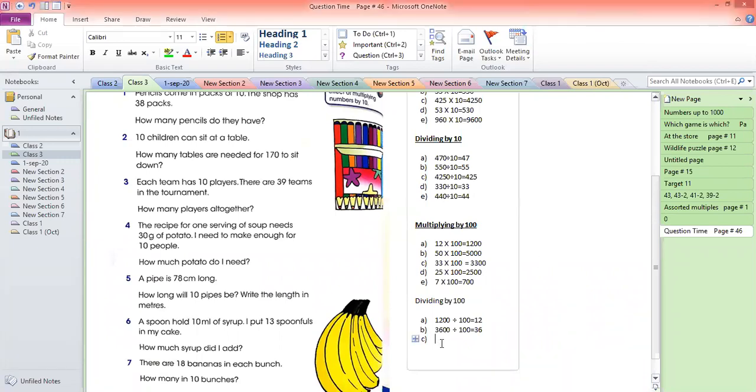So the next question I ask you, that is 2500 divided by 100 equals to what? Yes, 2500 divided by 100 equals to what? 25.